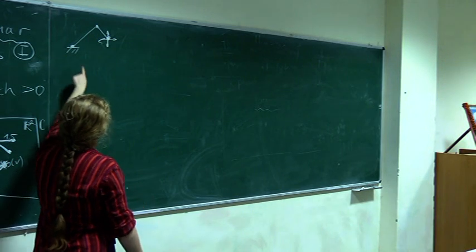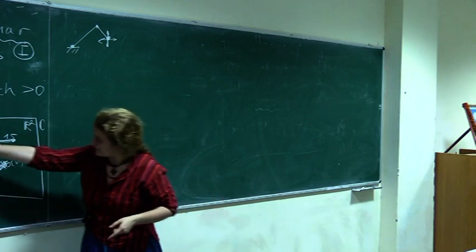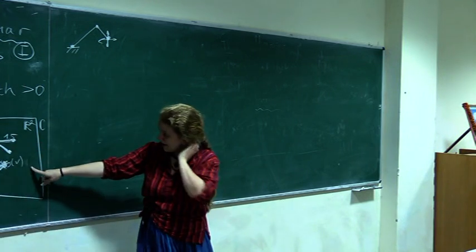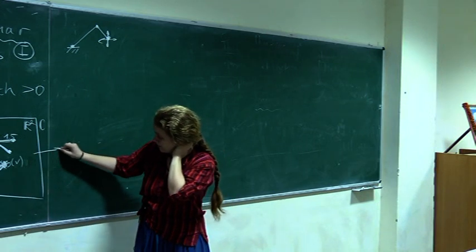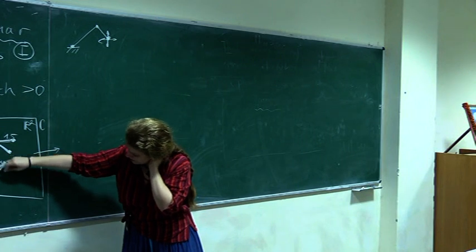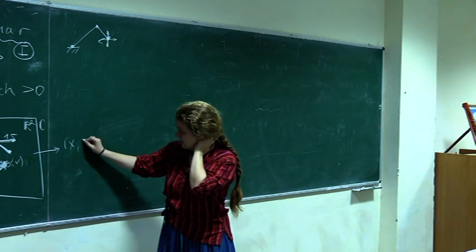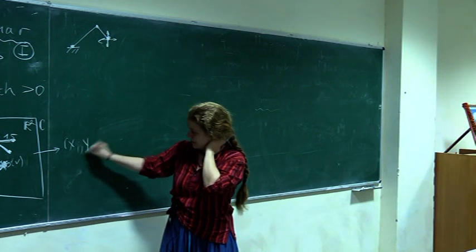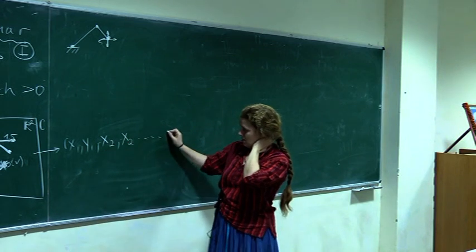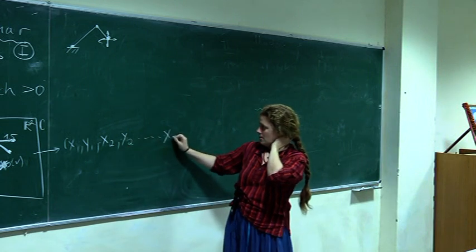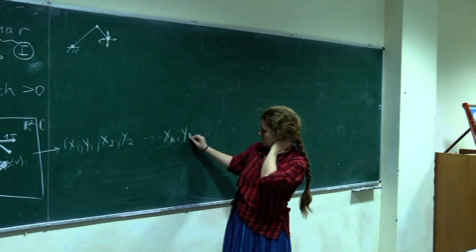So how can we think about this thing? I remind you that we have a graph, we have a configuration on a plane, and how can we encode this configuration? We can, for example, take all the vertices, in fact not the fixed ones, and write down all the coordinates of the vertices: first x, y, second, and so on, up to n.